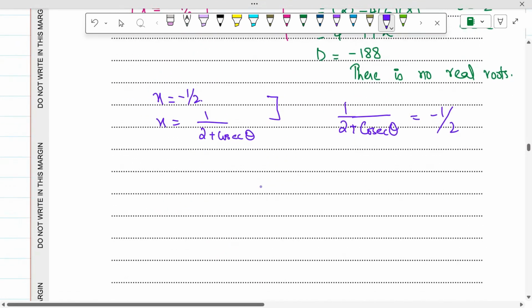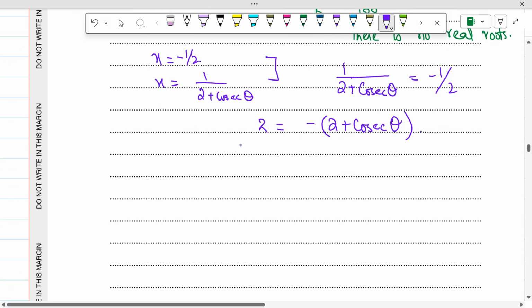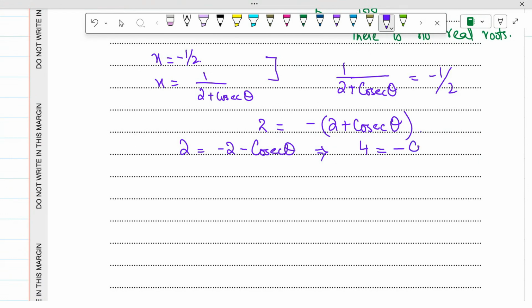By cross multiplying, we have 2 = negative times (2 + cosec θ), which is 2 = −2 − cosec θ, so 4 = −cosec θ, where cosec θ is equal to 1 over sin θ.